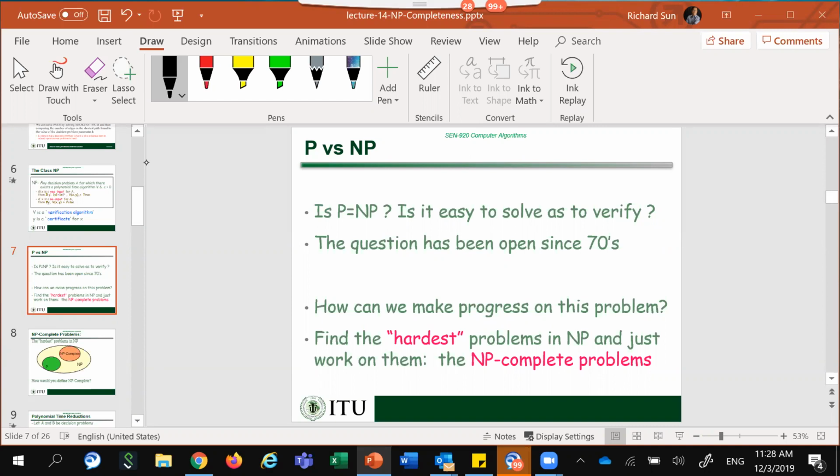So P is obviously a subset of NP. Now the question is, is P a proper subset of NP, or is P equal to NP? You see, I have a set A, which is a subset of another set B, right? Then there are two possibilities.